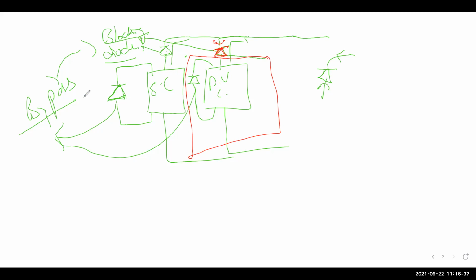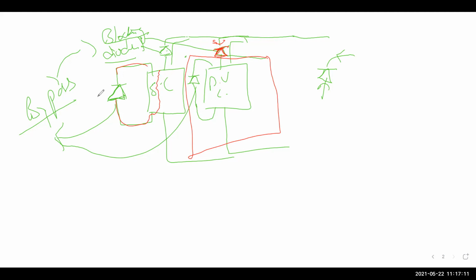Similarly it goes for the bypass diode. If this is your panel and this entire region is shaded, the current would pass through this particular region instead, because the functionality of both is the same; both protect and maintain the continuation of the current even in the cloudy part.